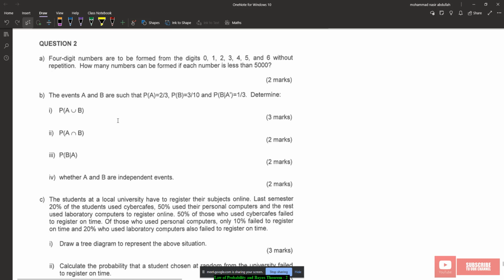So a 4-digit number is to be formed from the digits 0, 1, 2, 3, 4, 5 and 6 without repetition. So this is clear, without repetition. How many numbers can be formed if each number is less than 5,000?